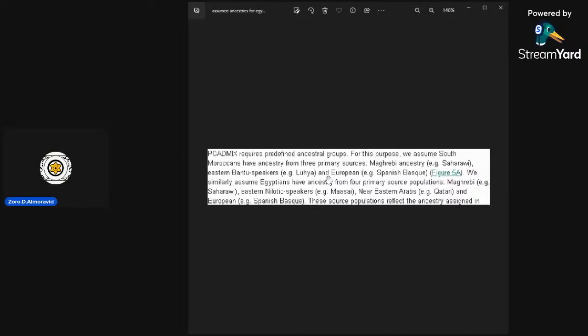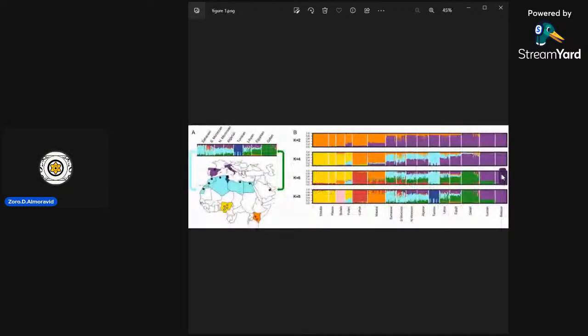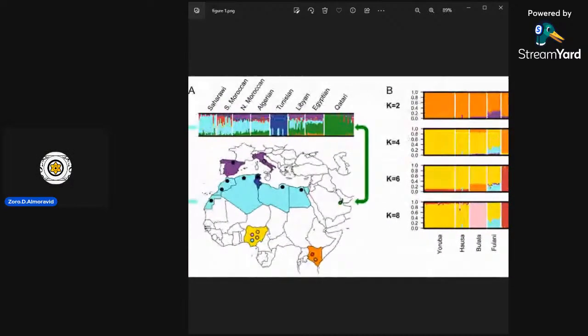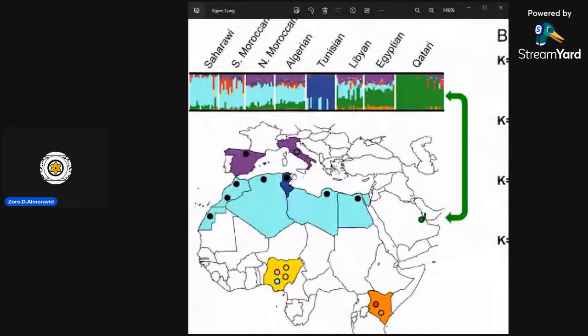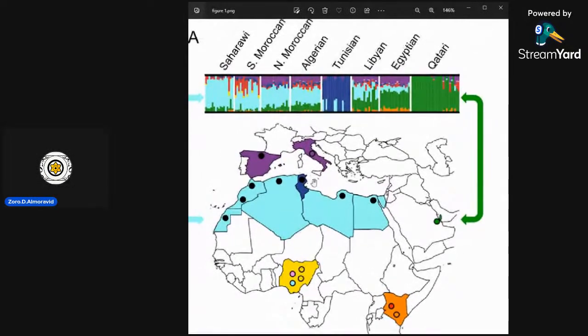So these three ancestries are heavily recorded, scientifically proved with the historical context of the period.